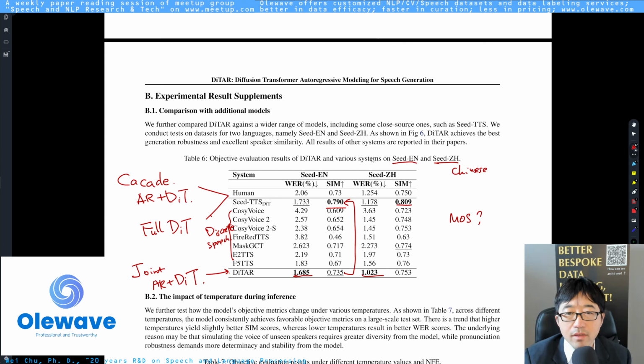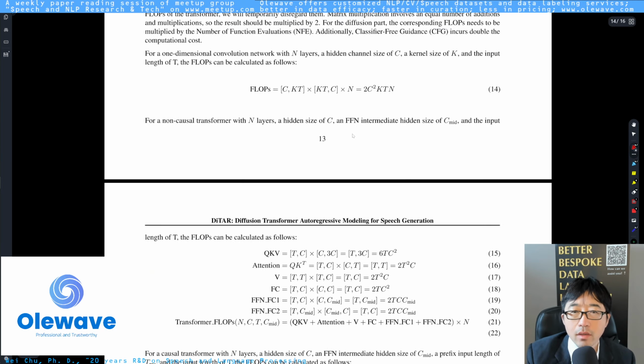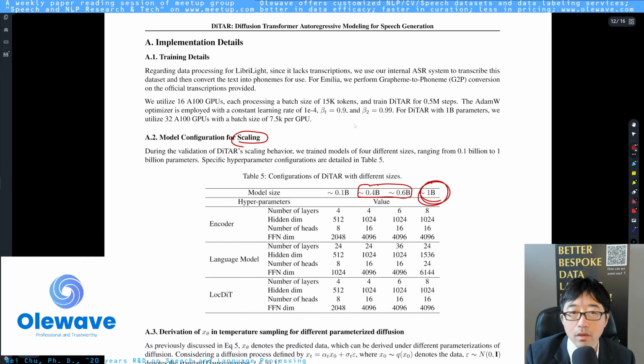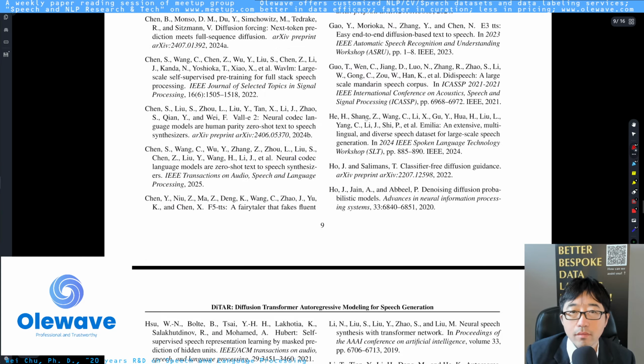Okay. Conduct tests on this. Yes. Well, there's a question whether they are trained on the same amount of data. Okay, so let's go back to results.